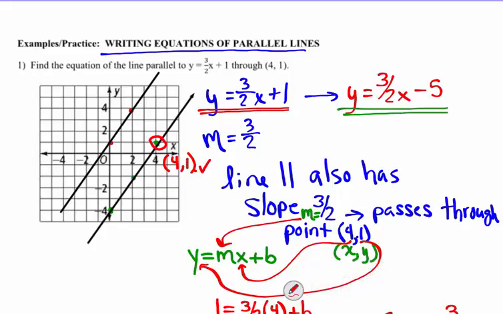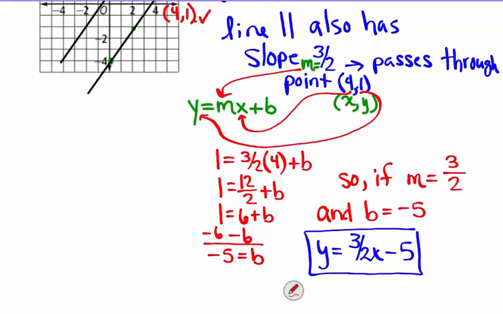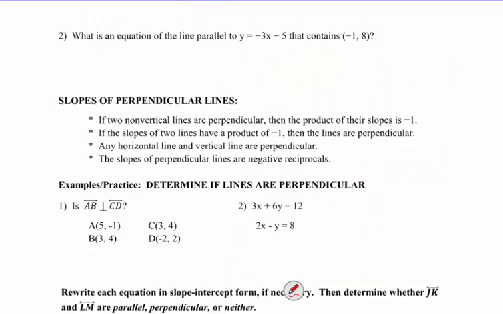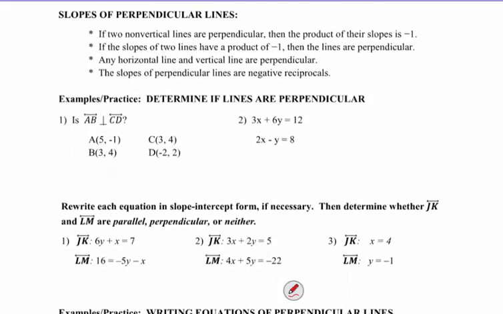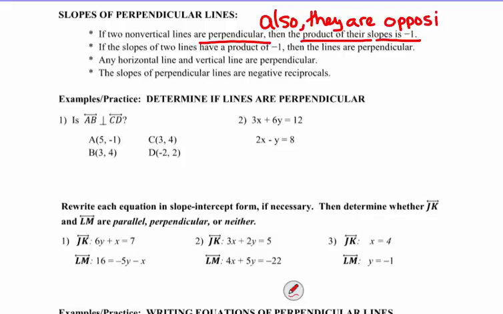All right, now let's talk about perpendicular lines. The slopes of perpendicular lines have a product of -1, meaning if I multiply the slope of one line by the slope of the other line, the solution will be -1. Another way to think about this is that if lines are perpendicular, the slopes are opposite reciprocals.